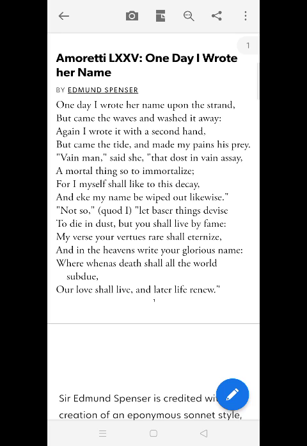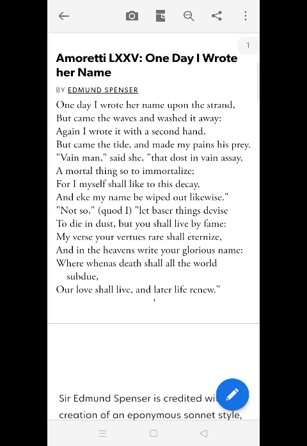What the speaker wants to convey here is that in the beginning he says that one day he wrote the name of his beloved on the sand of a sea beach, where he finds that every time he writes the name of his beloved, the waves come and wash the name away.